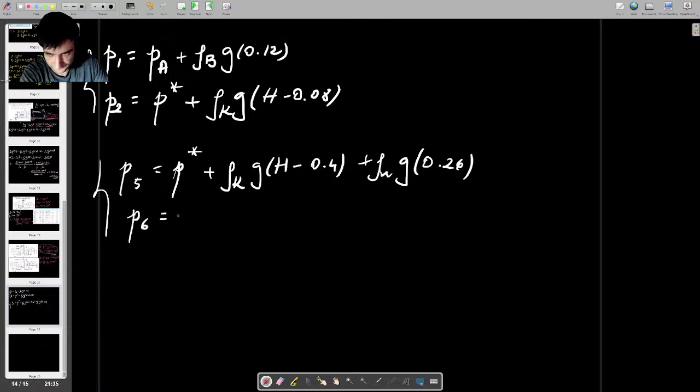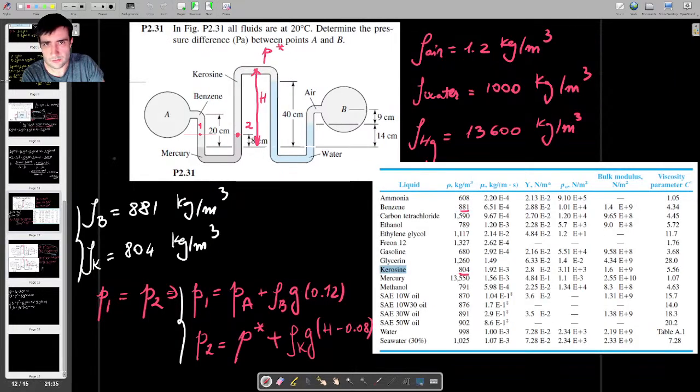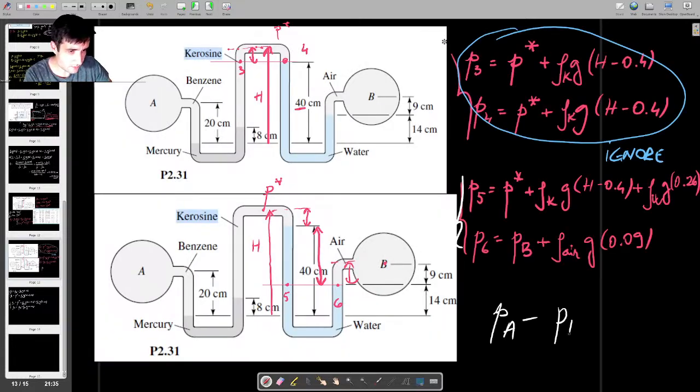So P6 is equal to PB plus the density of air times g, and then times 0.09. So we ended up with this system of equations based on the physics. So once you go past the physics, you just end up with some equations that are not terribly complicated to solve. And we don't even have to solve them, we just have to find, remember, PA minus PB, or the other way around. Determine the pressure difference, yeah. So we have to find PA minus PB.